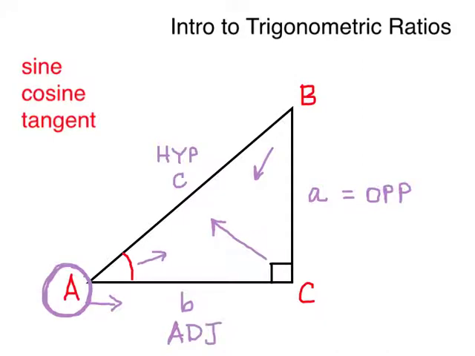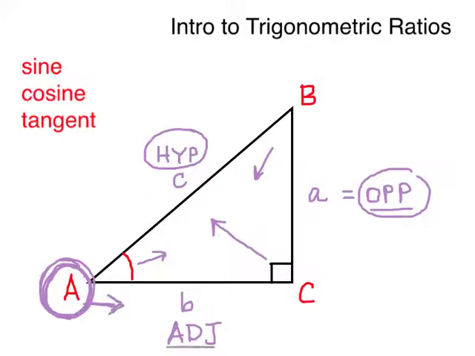When we label these, we're always going to call the hypotenuse the hypotenuse. We're going to call the one opposite of our angle that we're focusing on the opposite, and we're going to call the one next to angle A the adjacent leg.